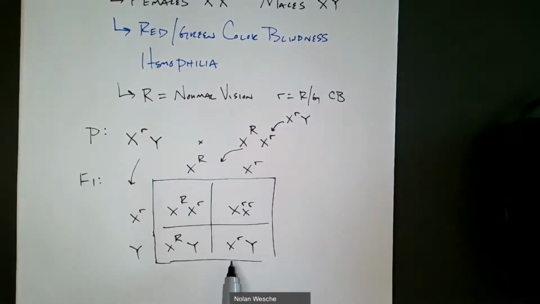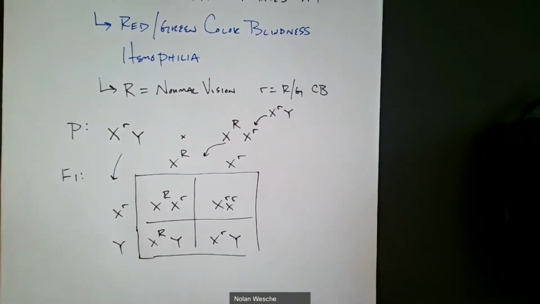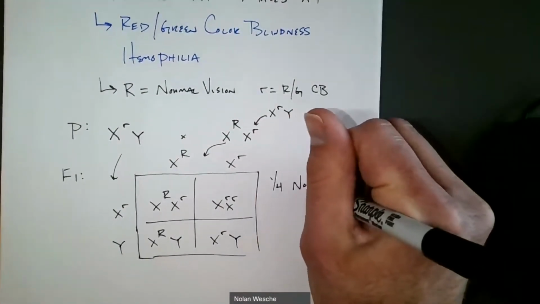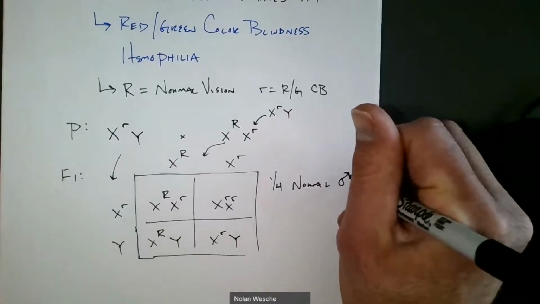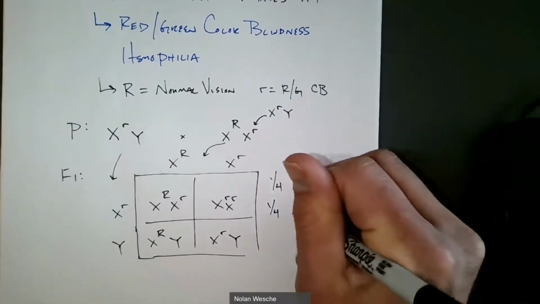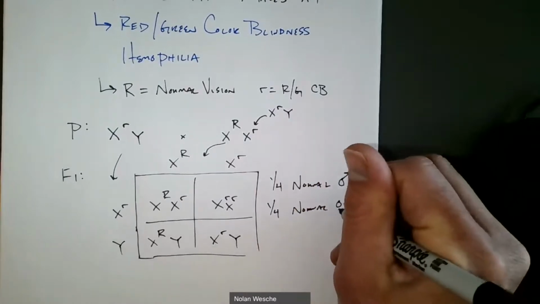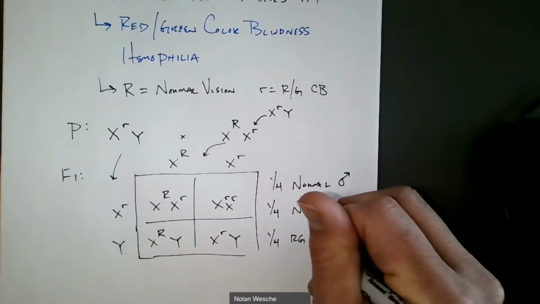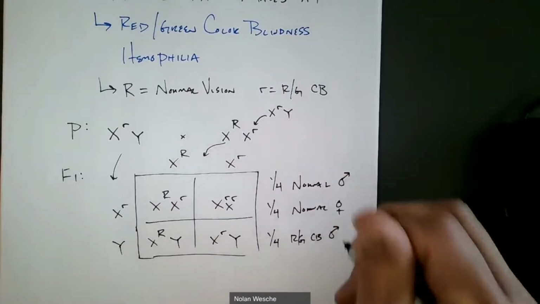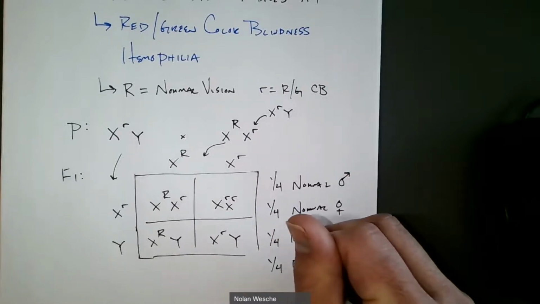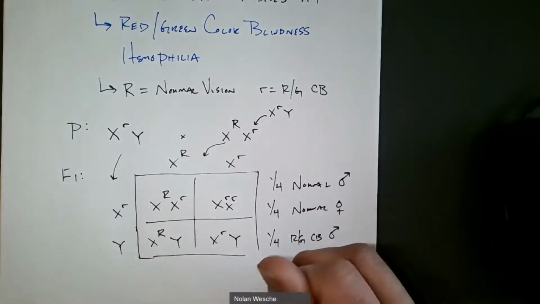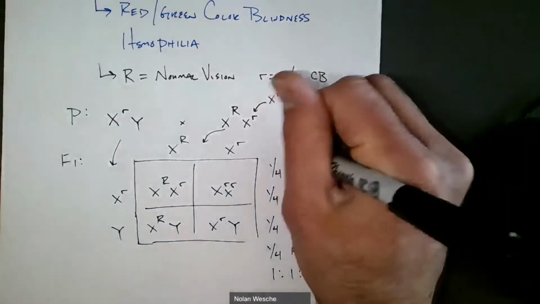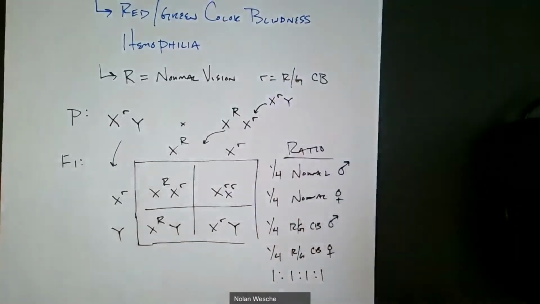So 50-50 of the males will be red-green colorblind. If we were going to do a full phenotypic ratio, 1/4 would be normal males, 1/4 normal females, 1/4 red-green colorblind males, and 1/4 red-green colorblind females. So our ratio really would be 1 to 1 to 1 to 1. That'd be our full ratio set.